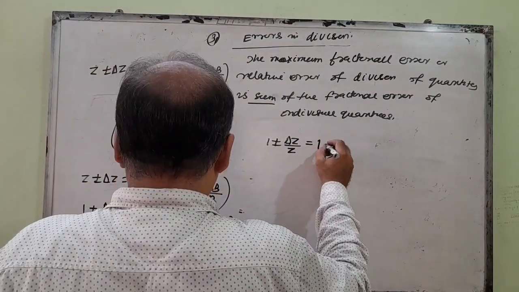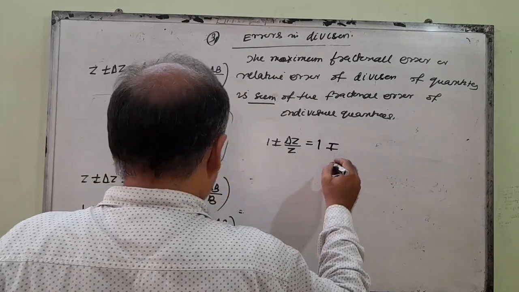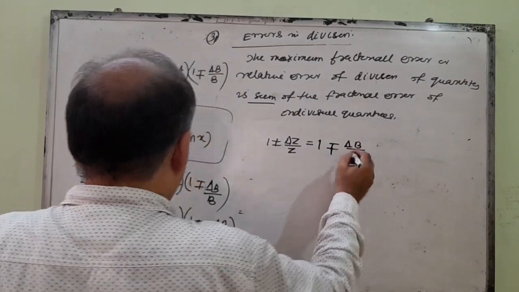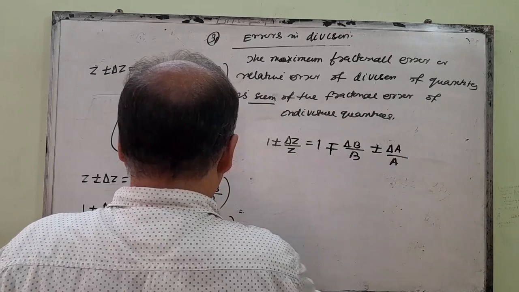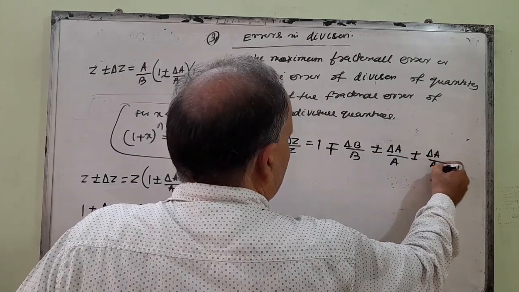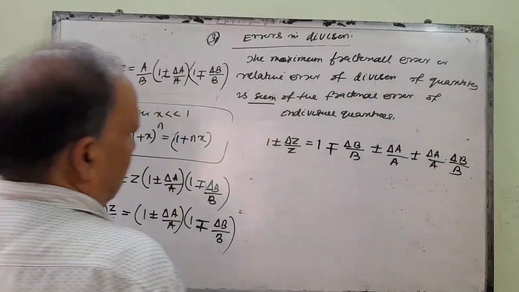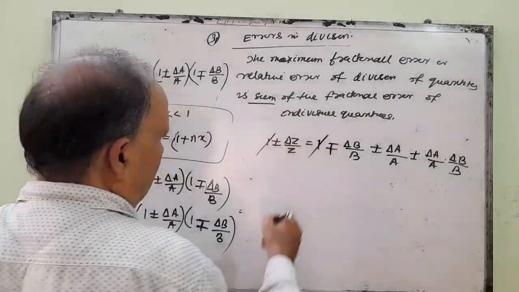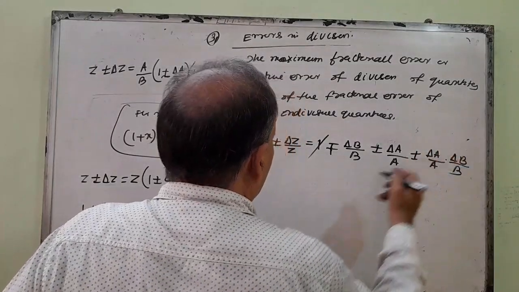This is your 1, this is your 1, your minus plus delta B by B plus minus delta A by A, and your plus minus delta A by A into delta B by B. Now we remove this term because there are two deltas.